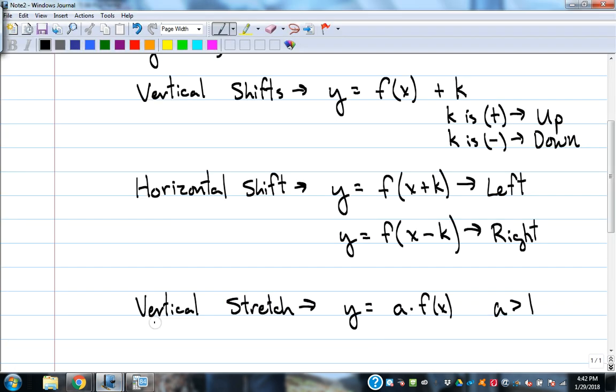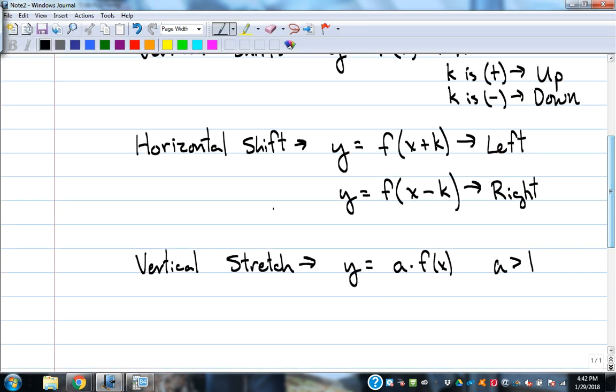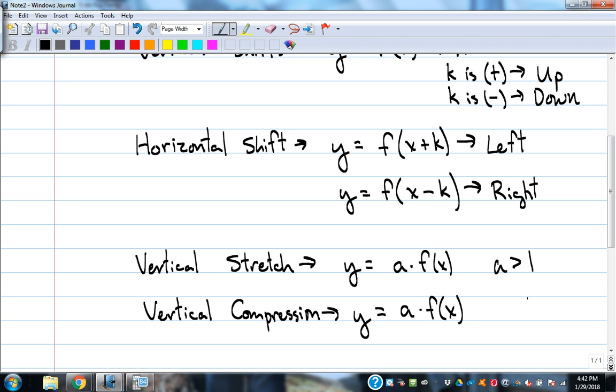In that same idea, a vertical compression is a times the function, but that a is between 0 and 1. So that'd be like 1/3, 1/2, 1/8, anything between 0 and 1. That's going to be a vertical compression.